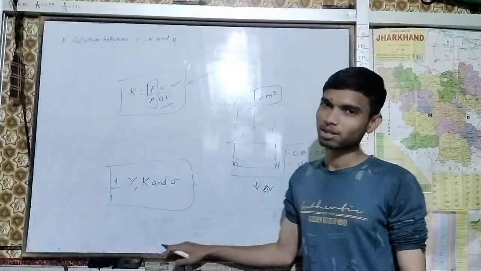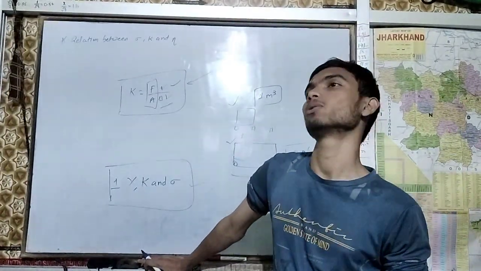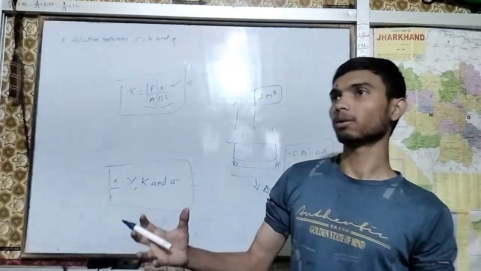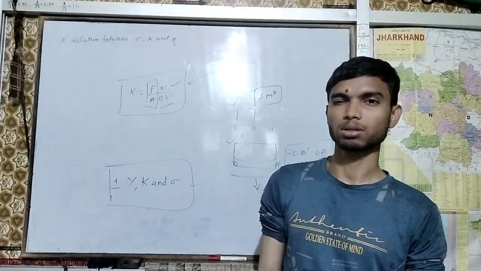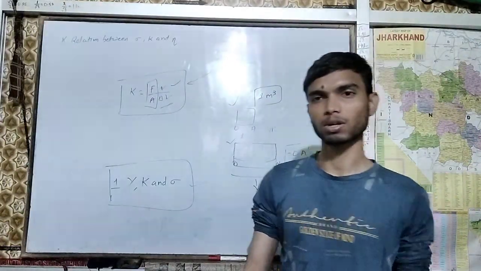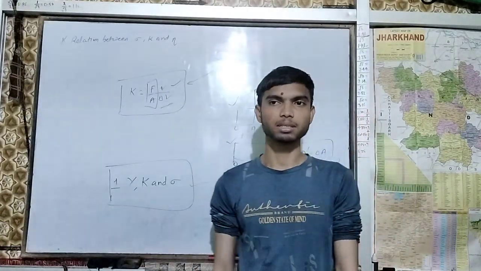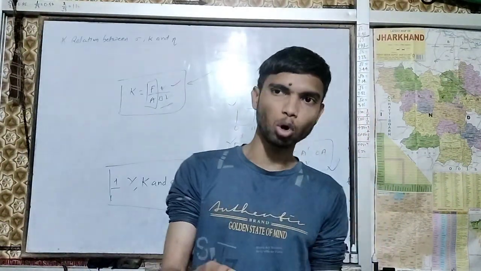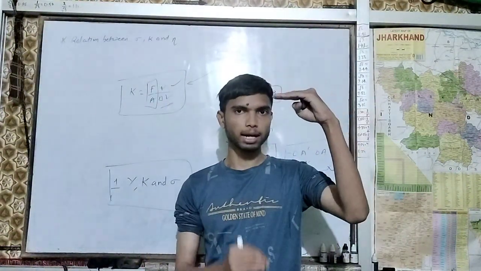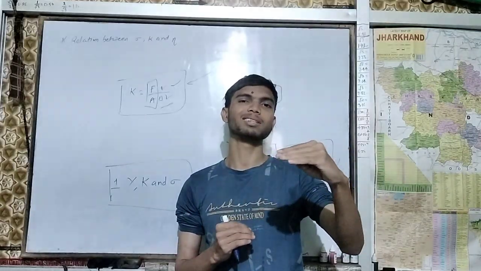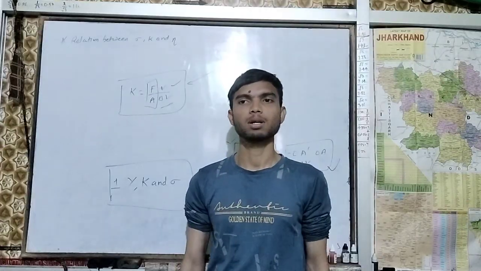Why does Poisson's ratio come in? It tells you that when you increase one side length, let's suppose you are applying a longitudinal stress, you will observe that the upward and downward parts of the body decrease, which is natural.